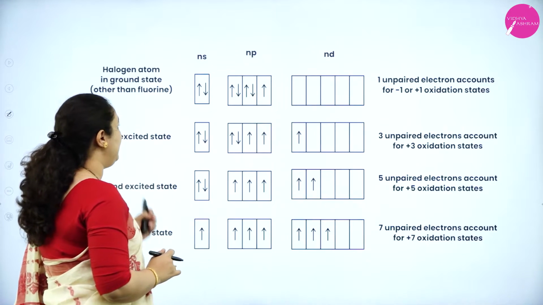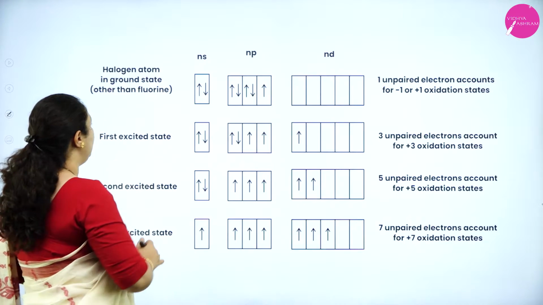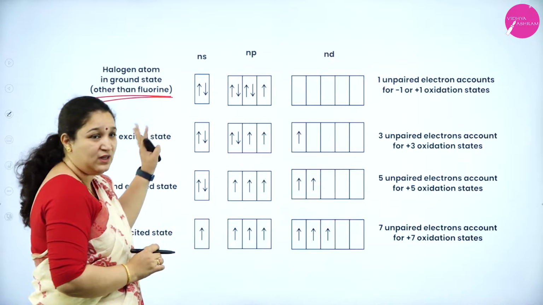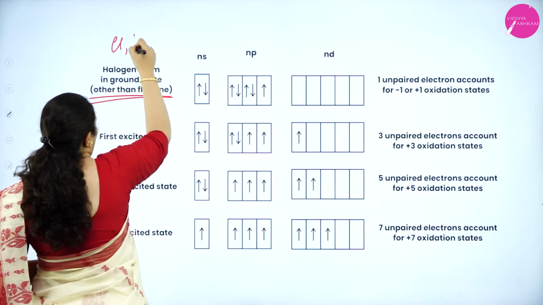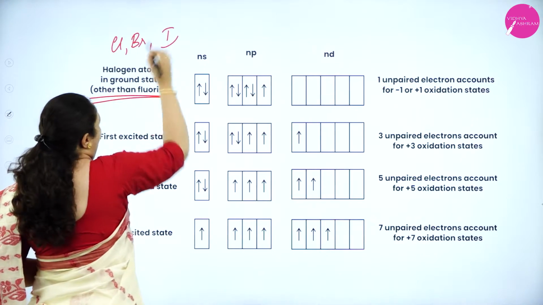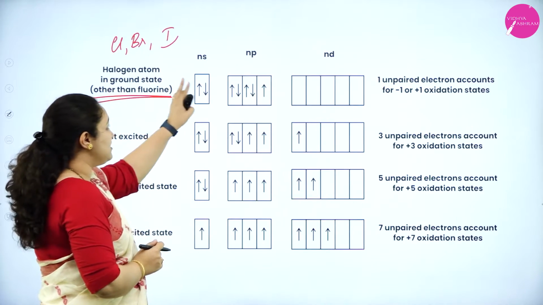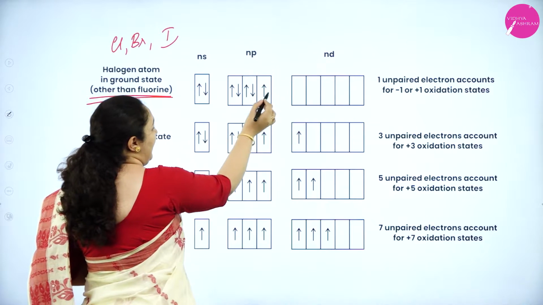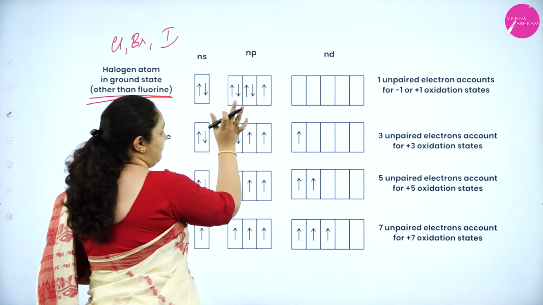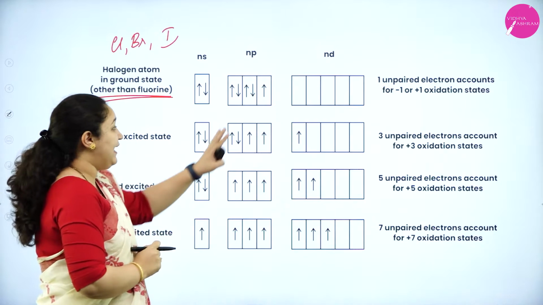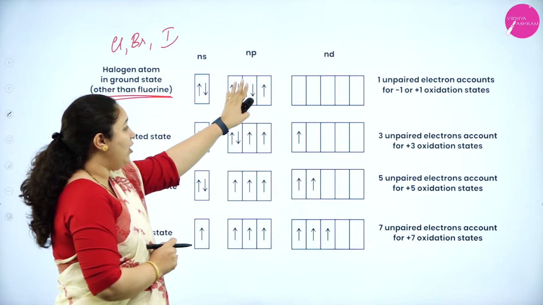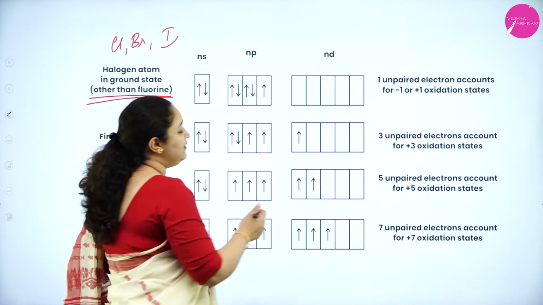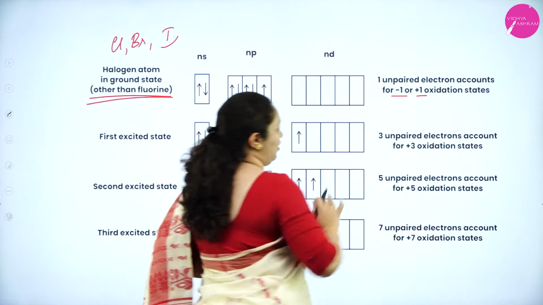That I shall explain using this. See, halogen atom in the ground state other than fluorine. So this is not for fluorine. This is only for chlorine, bromine and iodine. So ns2, np5. Correct, no? ns2 electrons are there, np5, 1, 2, 3, 4, 5 electrons are there. So if it takes up one more electron or it can use this unpaired electron for formation of the bond, it will show -1 or +1 oxidation state.